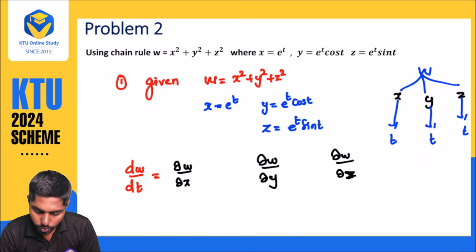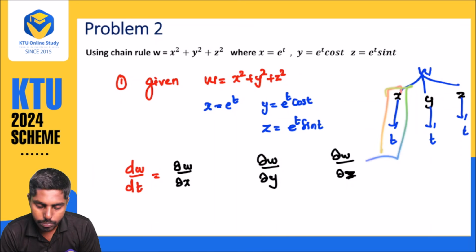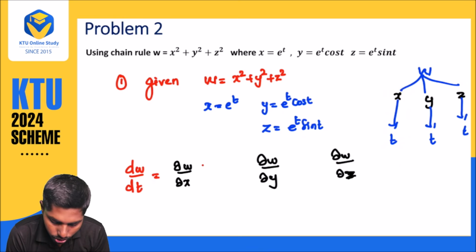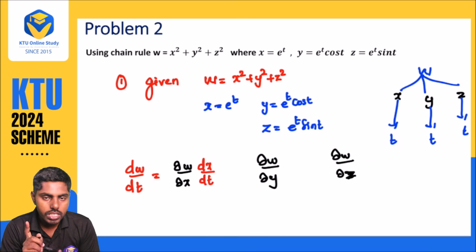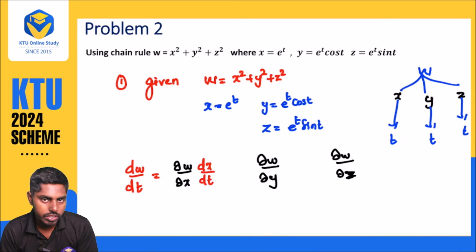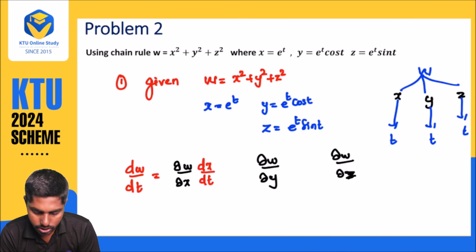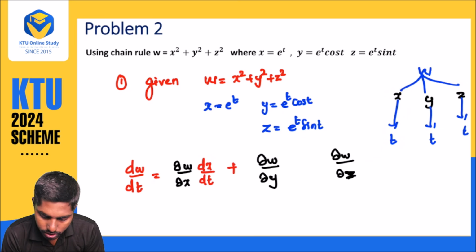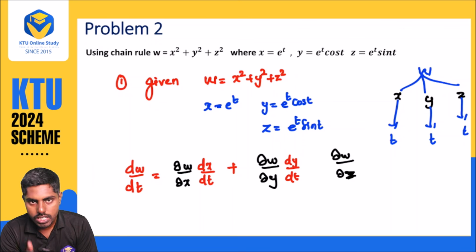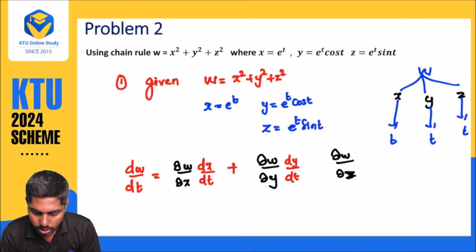So now if you observe, x is depending upon single variable, so I am writing dx/dt because it is differentiation. When it depends upon a single variable, we take differentiation. So dx/dt plus, and here dy/dt, because y is depending upon single variable t, and similarly plus dz/dt.